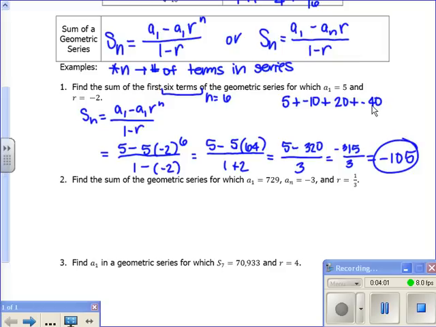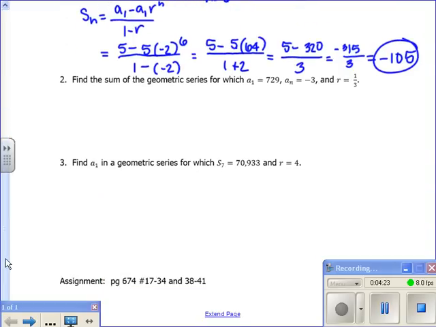So yes, our negatives are going to start to overpower our positives. Now, could we have just done this and then added the 6 terms together? Yes, you could do that as well. I'm just showing you that you can use formulas to do these, because all of a sudden these questions are going to say find the first 100 terms of the geometric series. You're not going to want to do that by hand.